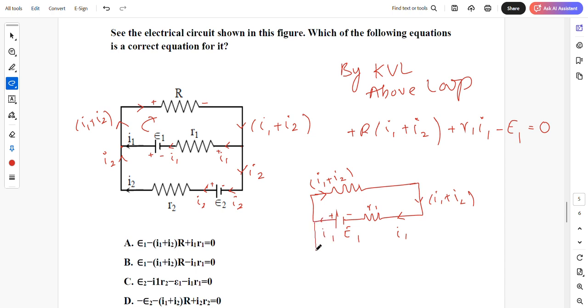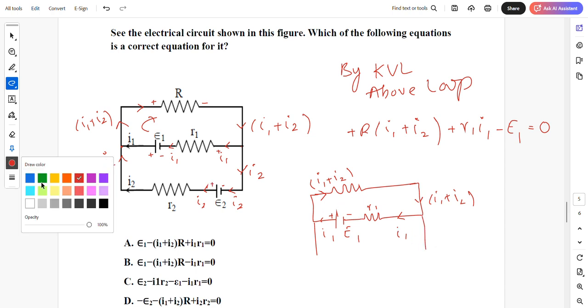And this other circuit we are not bothering about, only we have taken this part, right?